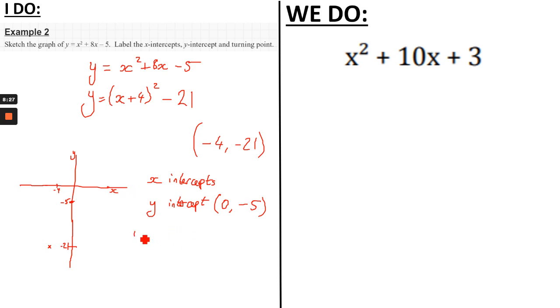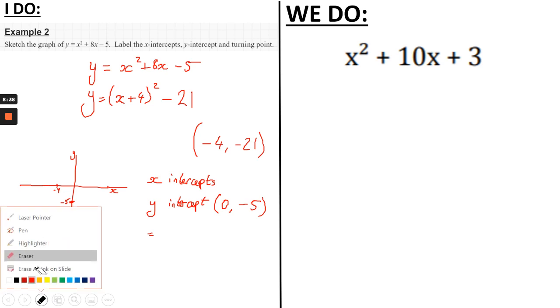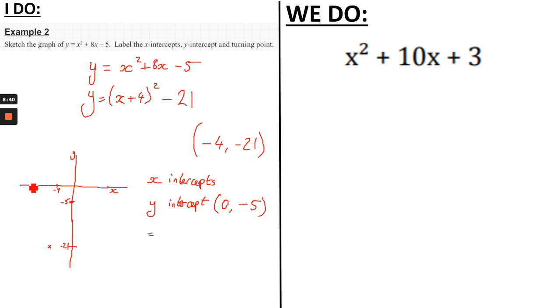Now, in order to do that, we just have to solve the equation. So if it's crossing the x-axis, the y value must equal 0. Because if you think about it, all the values along the x-axis, the y value must be 0. So we can say 0 equals x plus 4 squared minus 21.